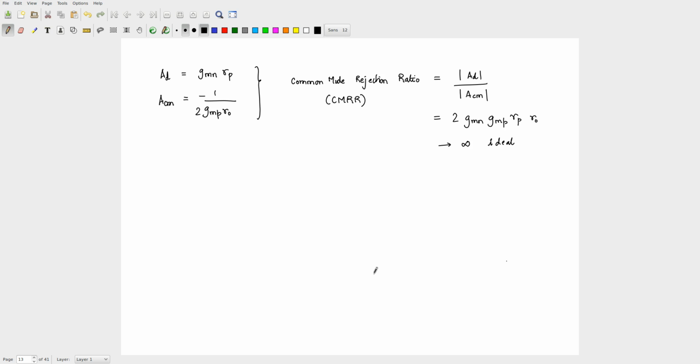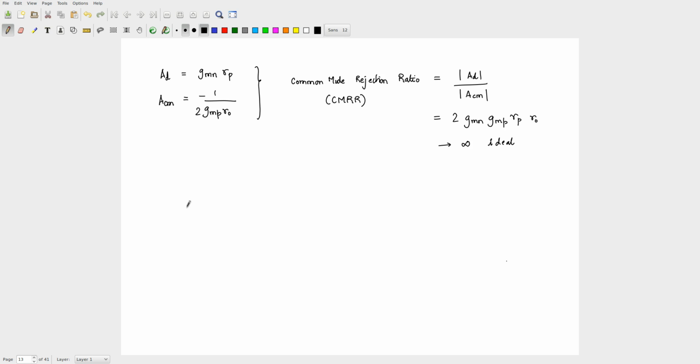And you will see that in a differential amplifier, you do not want the common mode component to be amplified, you only want the differential mode component to be amplified. So ACM in the ideal case should be 0 and AD should be as large as possible. So this quantity tends to infinity in the ideal case.